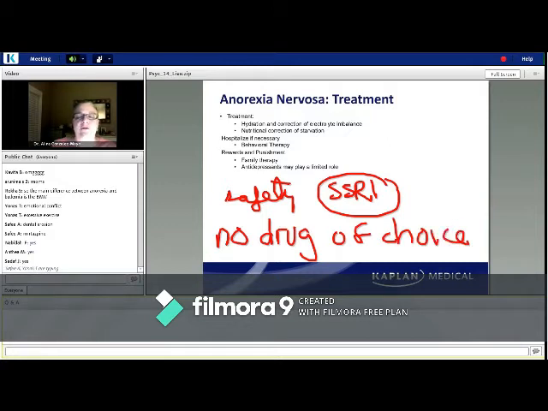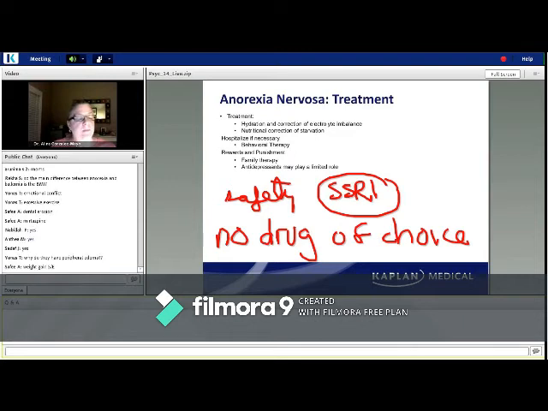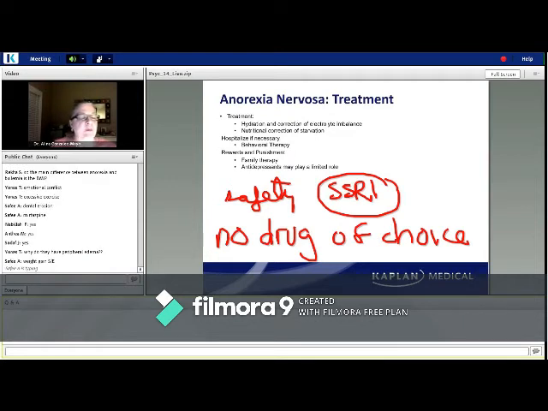So I would rather you learn that any antidepressant is equally effective. Why? Because they cause weight gain as a side effect. Why do they have peripheral edema? Because of the electrolyte issues, because of the etc.